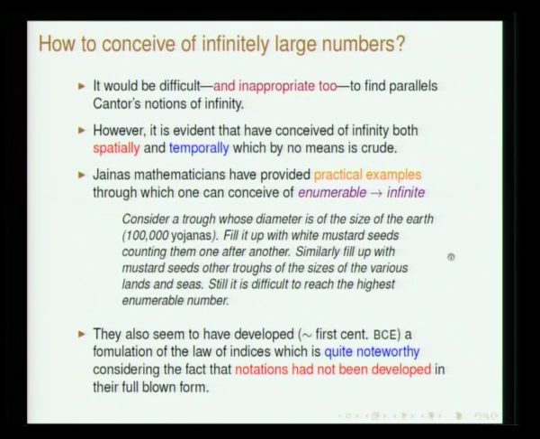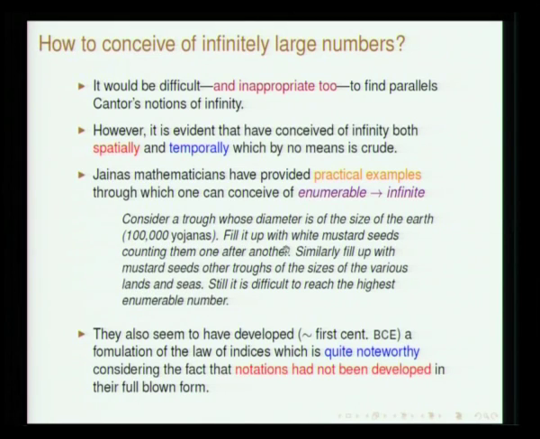And there are some interesting examples which Jainas have chosen to convey what infinity is. For instance, they say consider a trough whose diameter is of the size of the earth, okay. So, consider a trough of 1,00,000 yojanas.